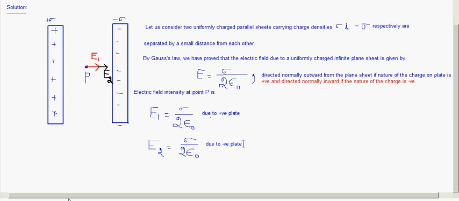And now we know both E1 and E2 are in the same direction, so vectorially we can add them together. So the total net field at P is equal to E1 plus E2.